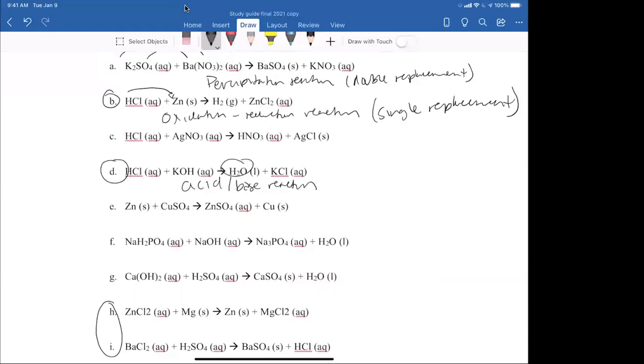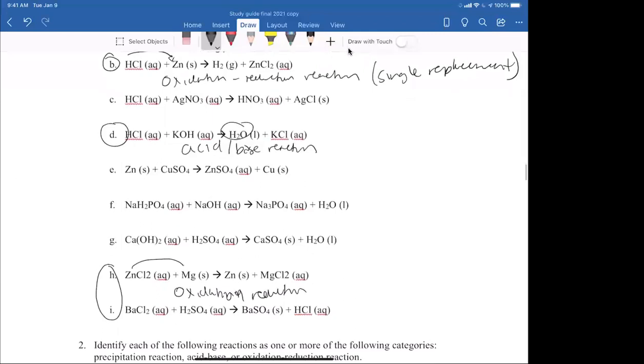Zinc chloride plus magnesium gives you zinc plus magnesium chloride. What would that fall under? Oxidation reduction. Exactly, yes. So this is a single replacement because zinc and magnesium switch places. So this is an oxidation reduction. Good.